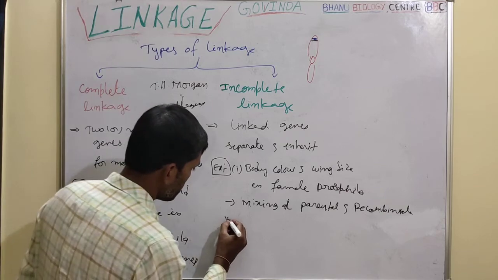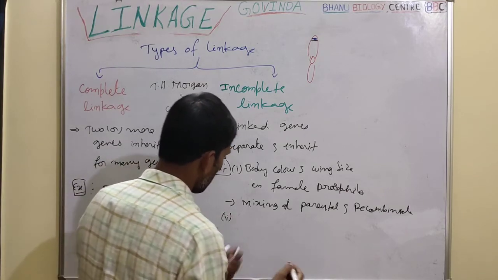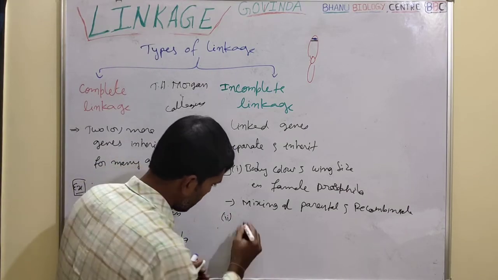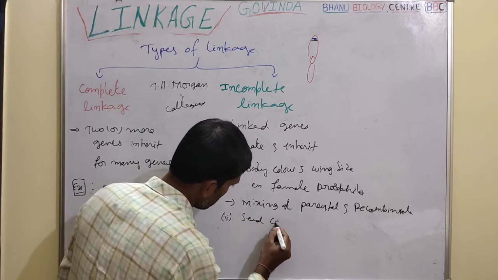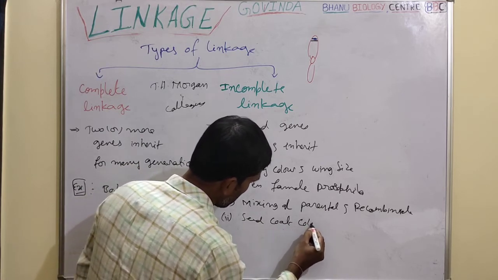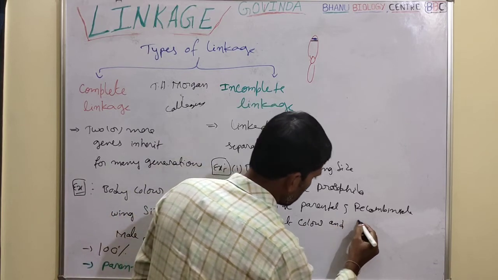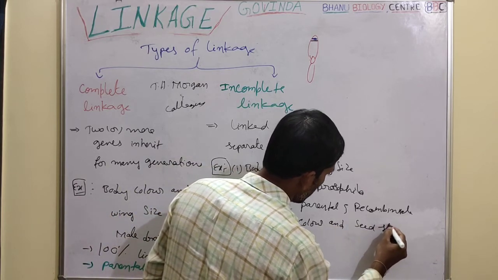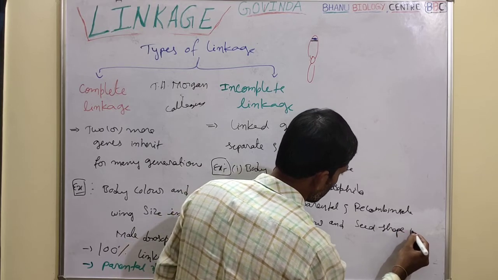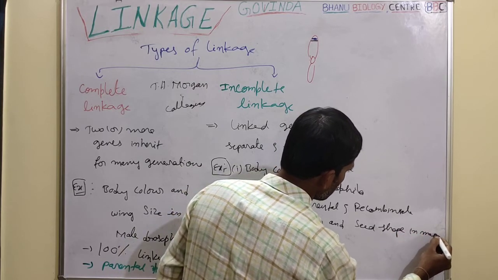Then another example, seed coat color and seed shape in maize plant.